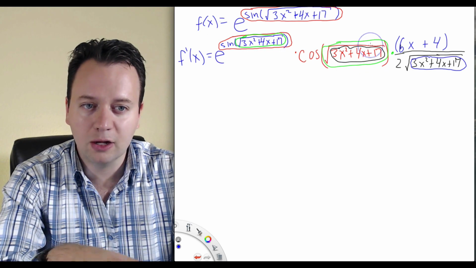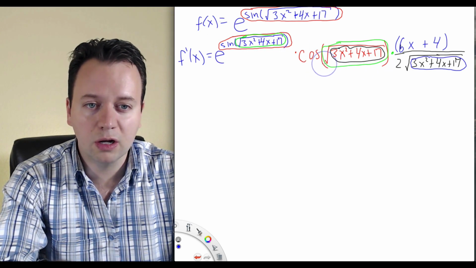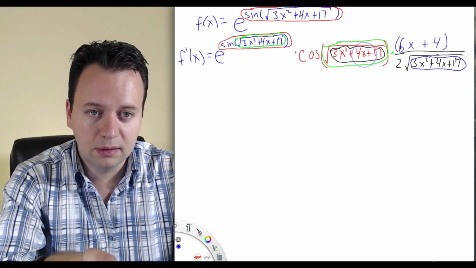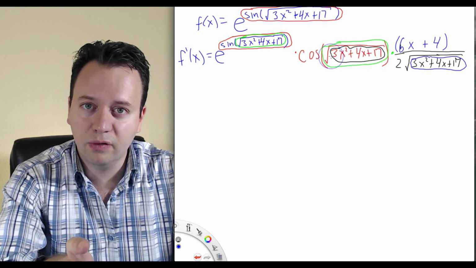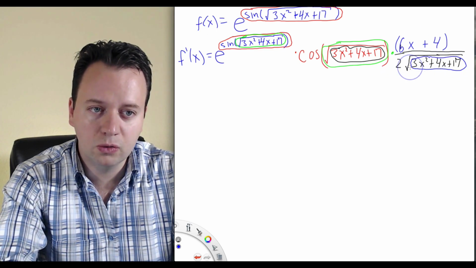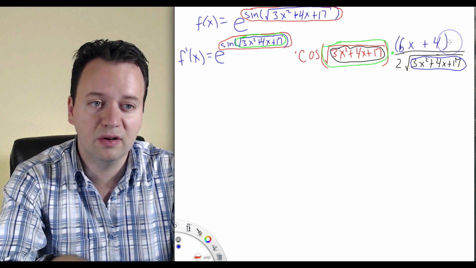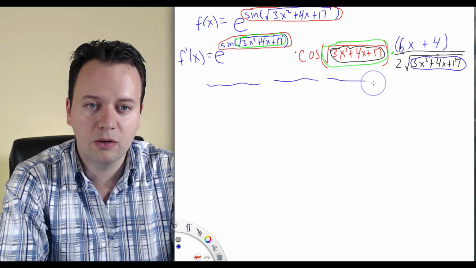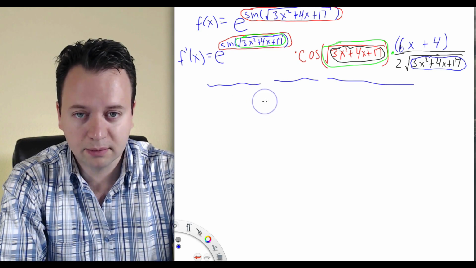Great, now let's look at chunk and take its derivative. Well, chunk was the square root of something. So the derivative of the square root of something is 1 over 2 root something. So we get 1 over 2 root something, and then times the derivative of that something, which was 6x plus 4. And that's how you work it out and how you would link the chain rule multiple times.